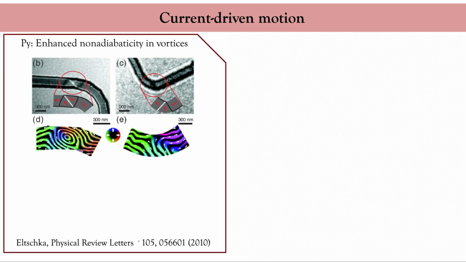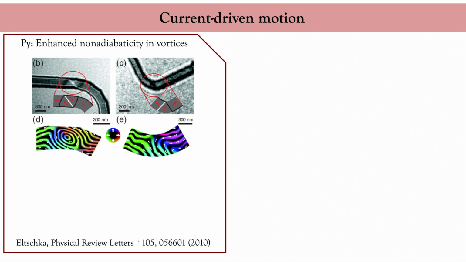Now, I want to introduce two intrinsic puzzles that were reported about 10 years ago and whose solutions opened interesting perspectives recently. The first puzzle has to do with the non-adiabaticity parameter beta. As I told you a few slides ago, there's a debate about the physics that is behind this non-adiabaticity. So a number of experimental studies have attempted to estimate quantitatively the magnitude of the beta parameter.